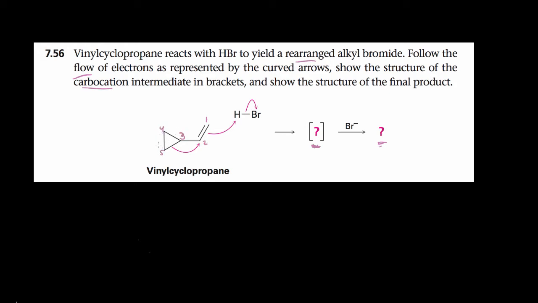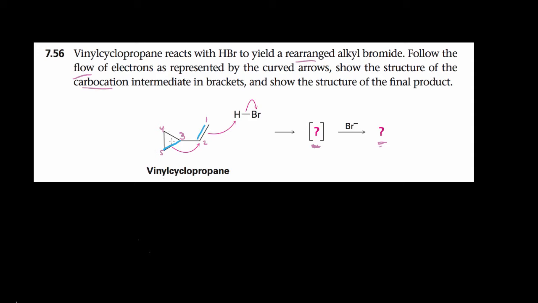So you have a bond between 5 and 3, and these sigma electrons are moving over to essentially kick out these pi electrons here, and those pi electrons attack the proton and then bromide leaves. So this is happening all in one step. At least that's the mechanism as proposed here with these curved arrows.